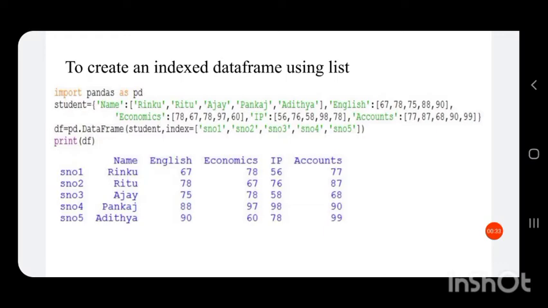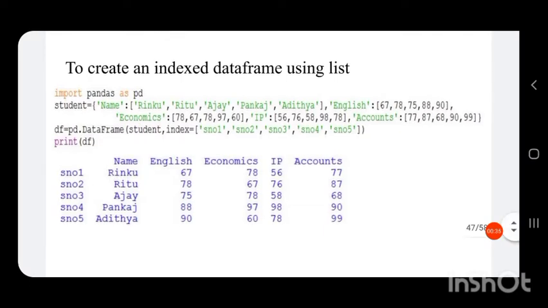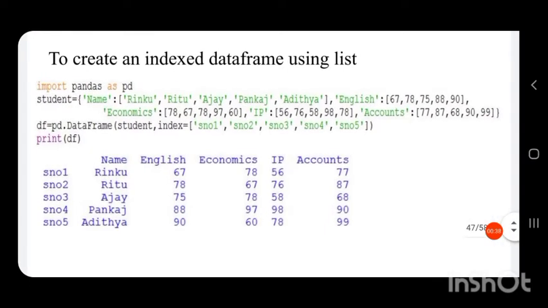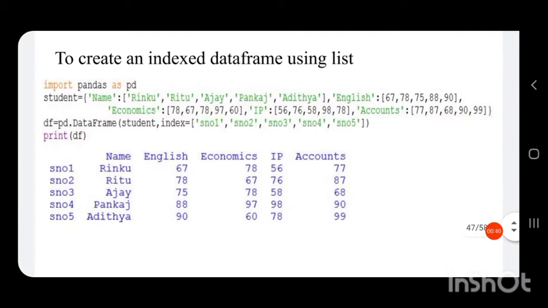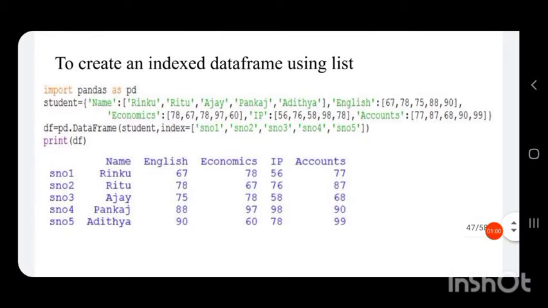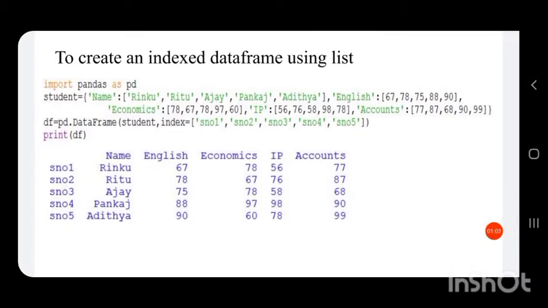Then student is the data, a dictionary containing the column names and their corresponding values, given in lists. Then the next column name and its corresponding values, then economics, then IP, then accounts, with their corresponding values.